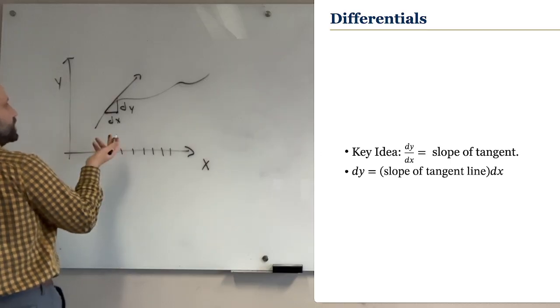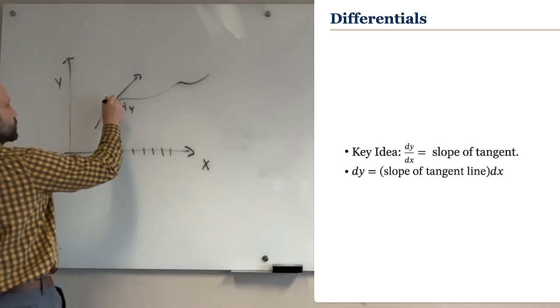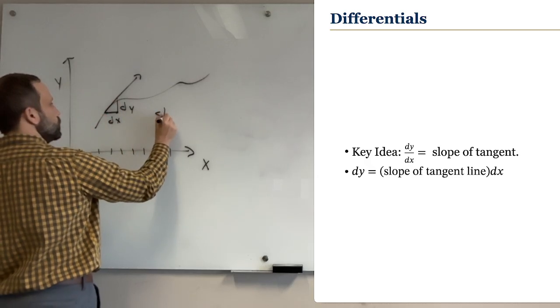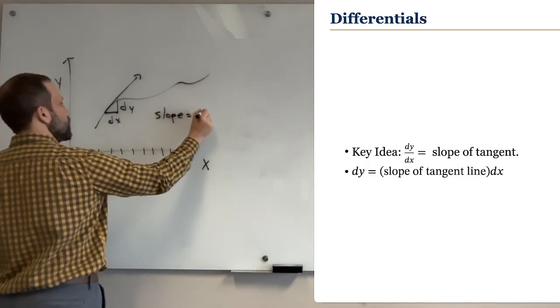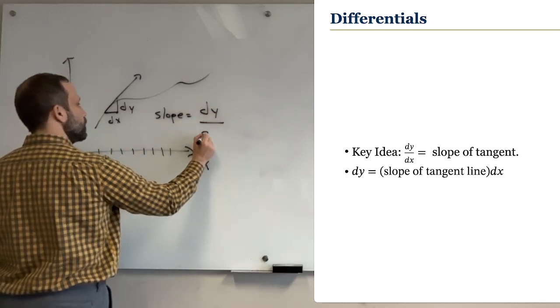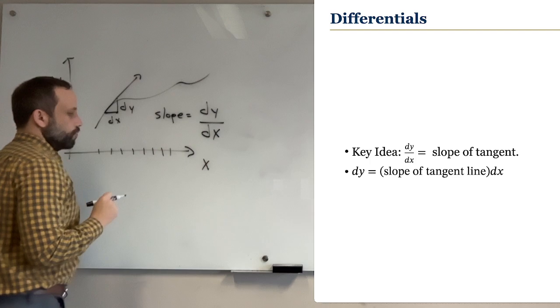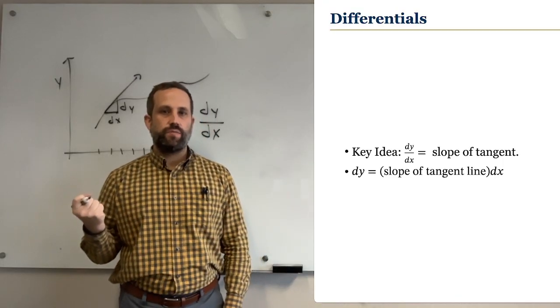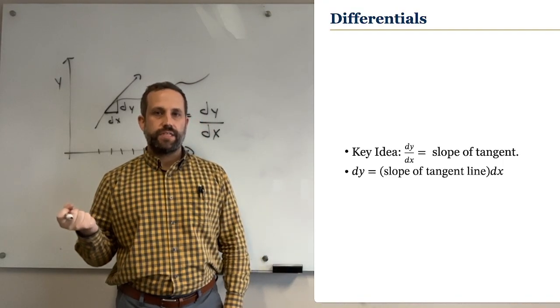By definition, the slope of the tangent line is that distance divided by that distance, and so the slope of the tangent line is simply the infinitesimal change in y over the infinitesimal change in x.